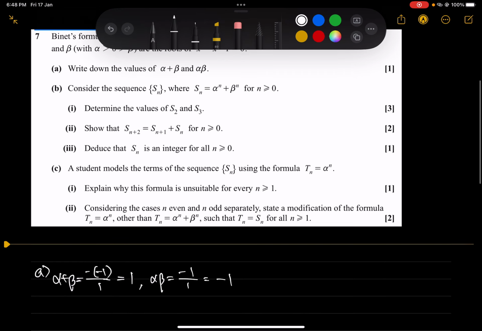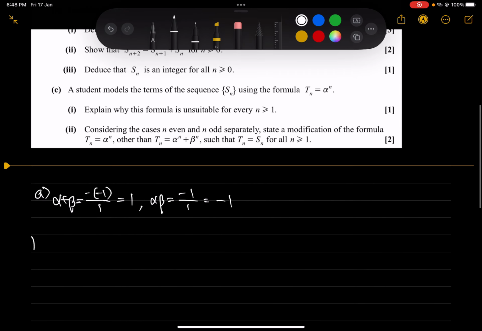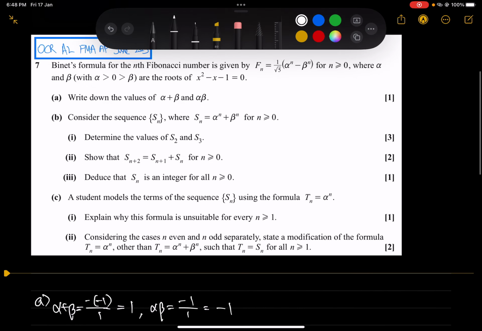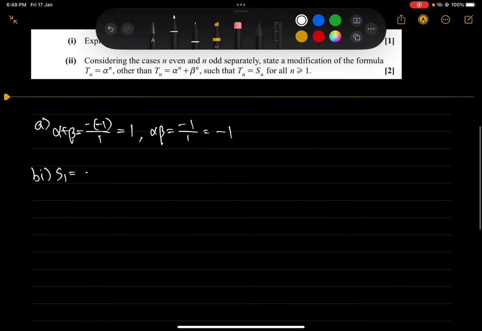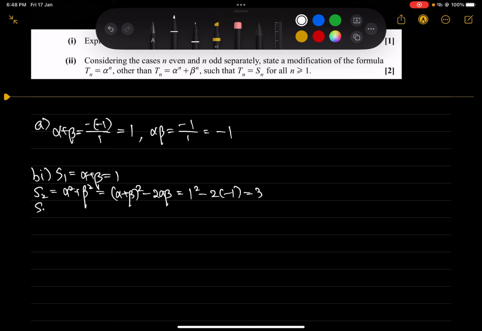Part B1 wants to find S2 and S3 respectively. So S1 is alpha plus beta, which is just 1. S2 is alpha squared plus beta squared, which is alpha plus beta squared minus 2 alpha beta, which is 1 squared minus 2 times negative 1, which is 3.